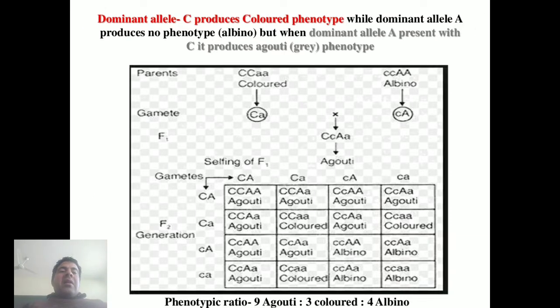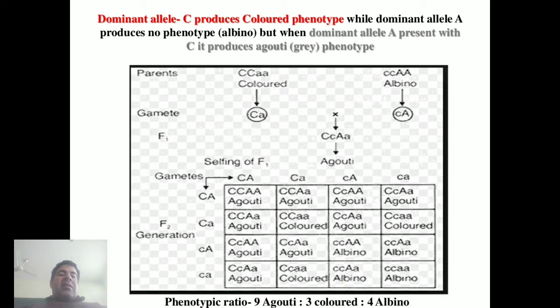You may see here the dominant allele C produces colored phenotypes. Notice capital C is responsible for the color, and here the A gene is responsible for the agouti pattern, while its absence gives albino. Colored is produced only in the presence of the C gene. Then after crossing, we get agouti color.